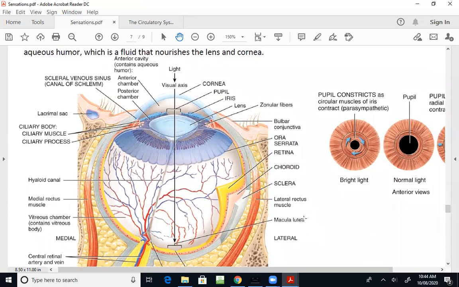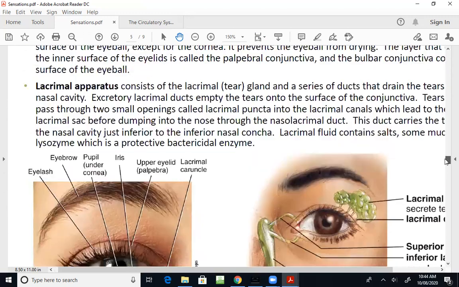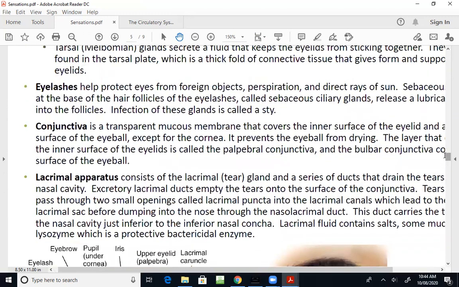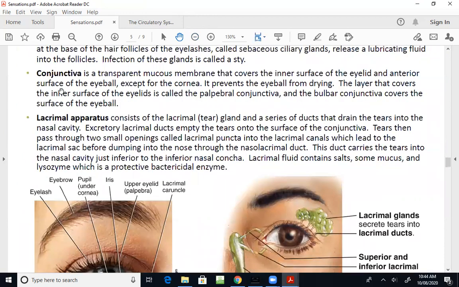And I just remembered I missed something on a slide a couple slides ago when I did not talk about the conjunctiva. So let's backtrack real quick. I completely skipped conjunctiva on this page. So conjunctiva is a transparent mucous membrane covering the inner surface of our eyelids, as well as the anterior surface of the eyeball, which is what was shown on that page.